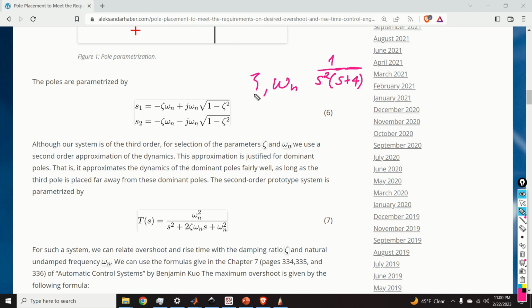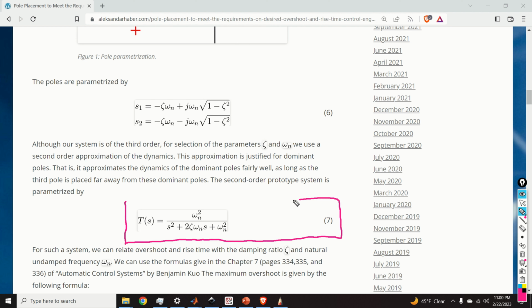However, to design zeta and omega n, we will for just a second assume that the system is of the second order and that it can be represented by this prototype over here. That is, the equation number 7 represents a generic form of the second order system. And you can see how this transfer function is parameterized in terms of zeta and omega n.